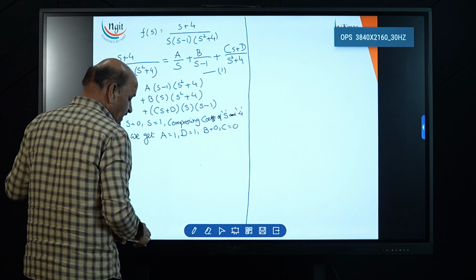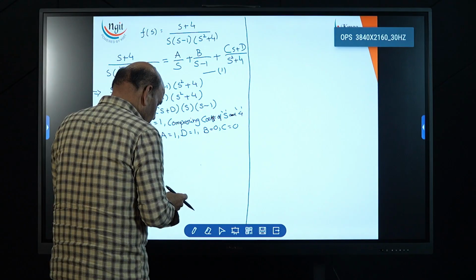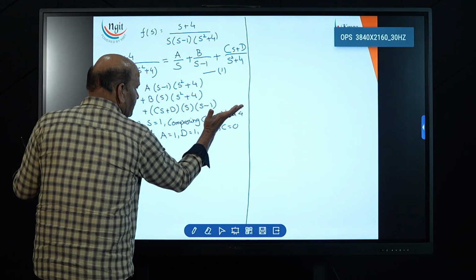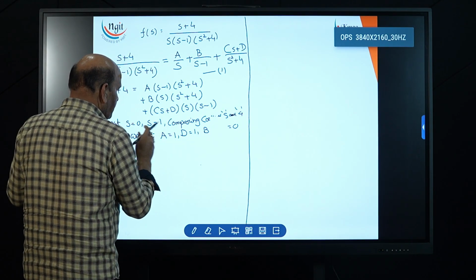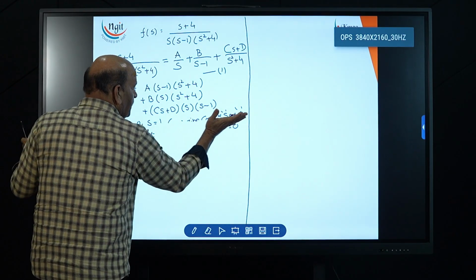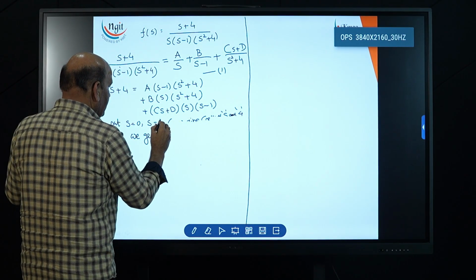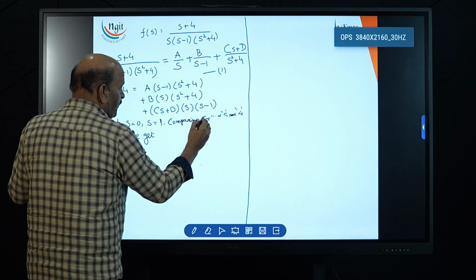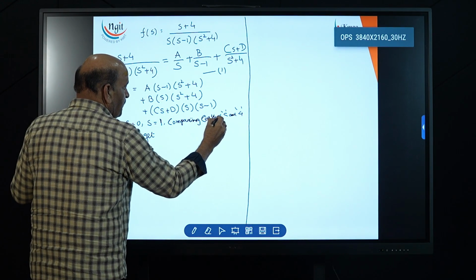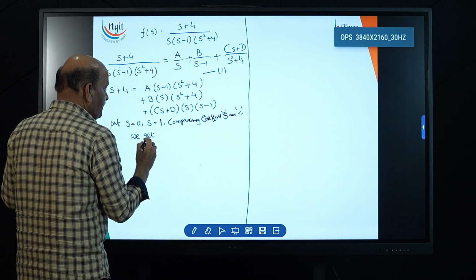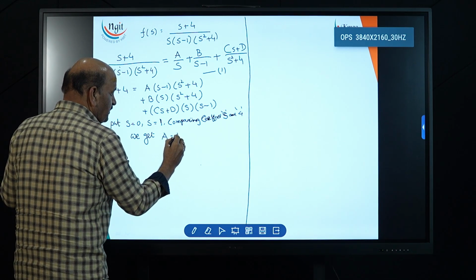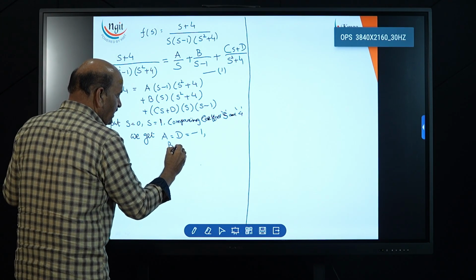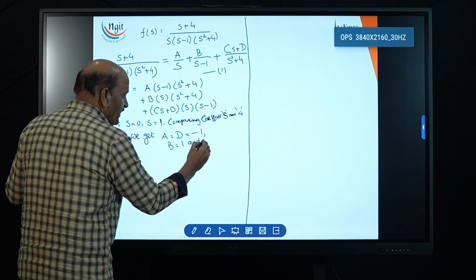Understanding? Upon solving this, with s equal to 1 and comparing coefficients of s and the constant on both sides, we get a equal to d equal to -1, b equal to 1 and c equal to 0.